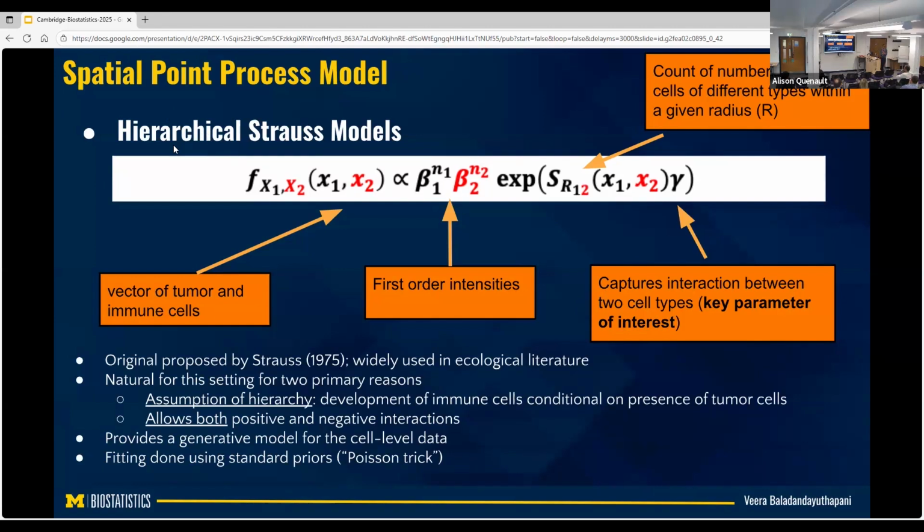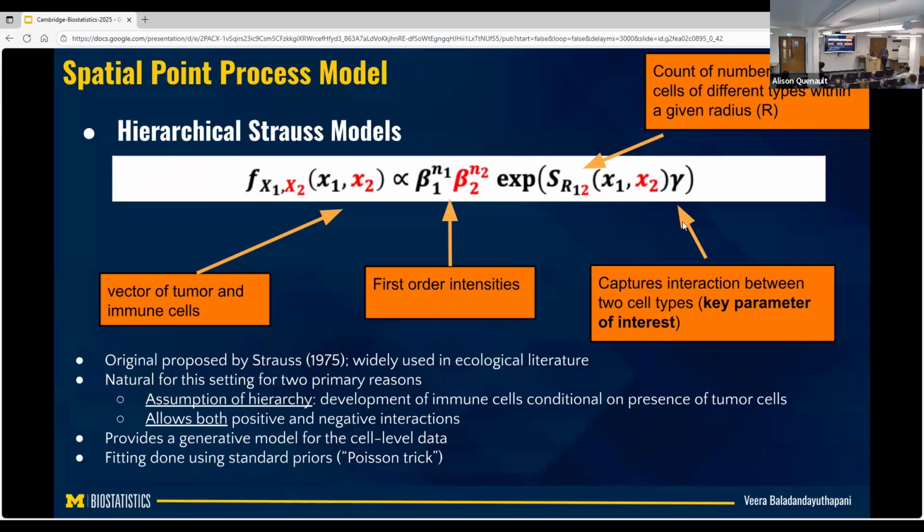But then, as I mentioned before, there was a systematic recruitment of immune cells, and they came. The similar underlying thing in ecology is where a tree grew first and then the weeds grew around it. How did that come about? That's the hierarchy here, so it's conditional on that.